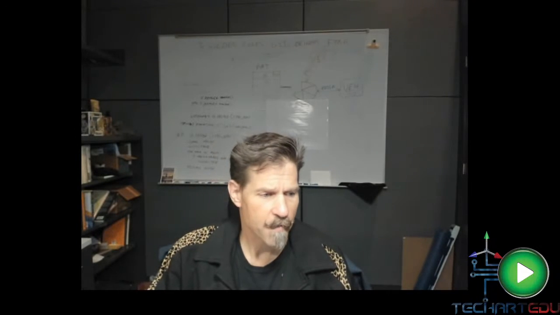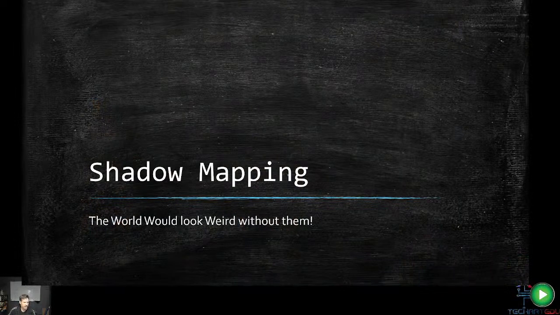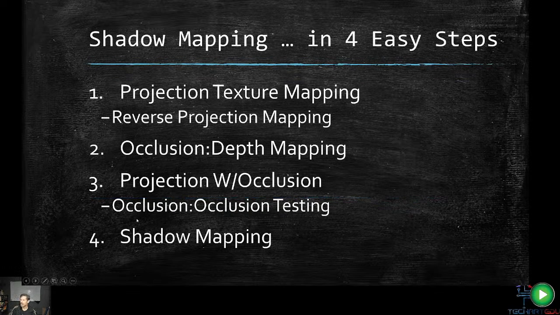Now let's have a little review. Last week we talked about projection mapping, which is a way of projecting a shadow or an image from a light onto the scene.